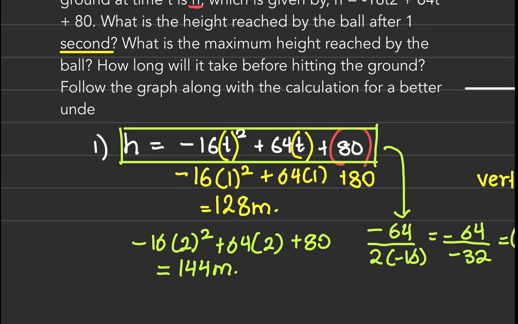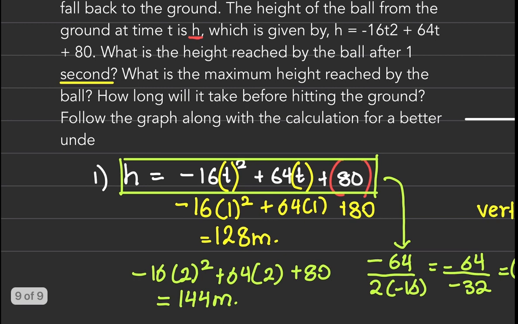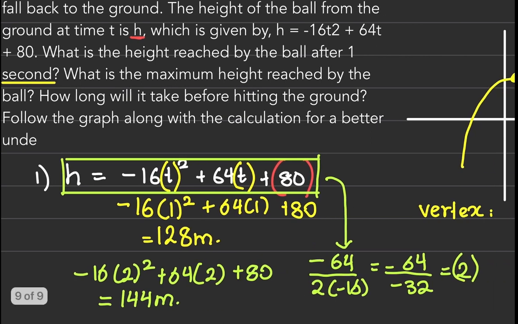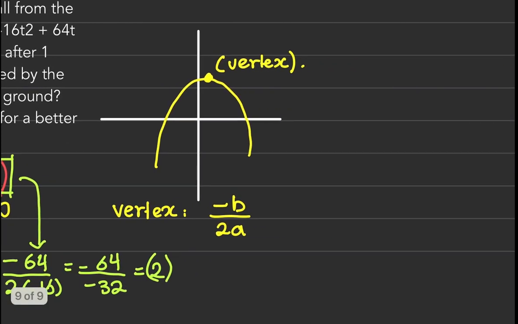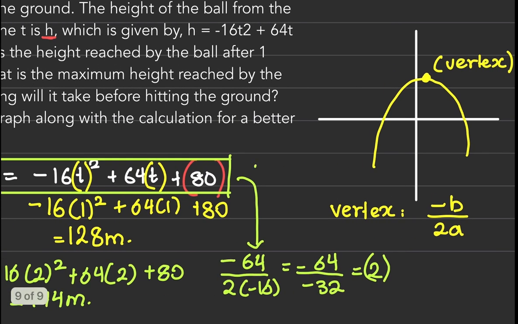Now it asks us, how long will it take before hitting the ground? So that means we have to find the x values, or the roots, that's the x-intercepts. So let's do it here.